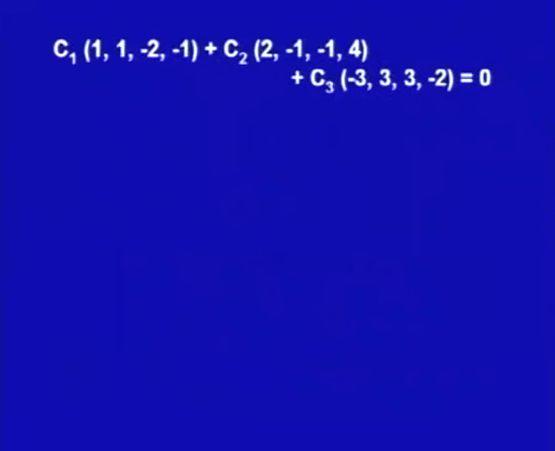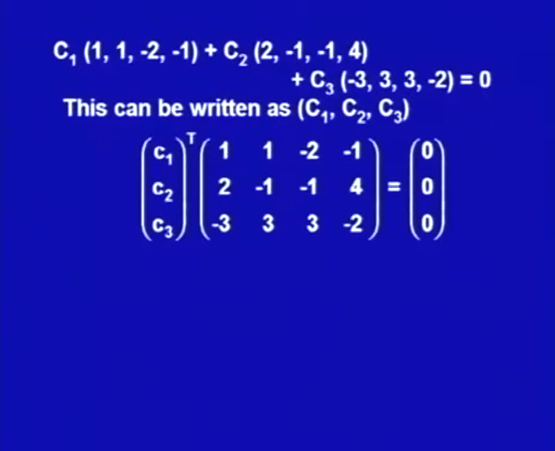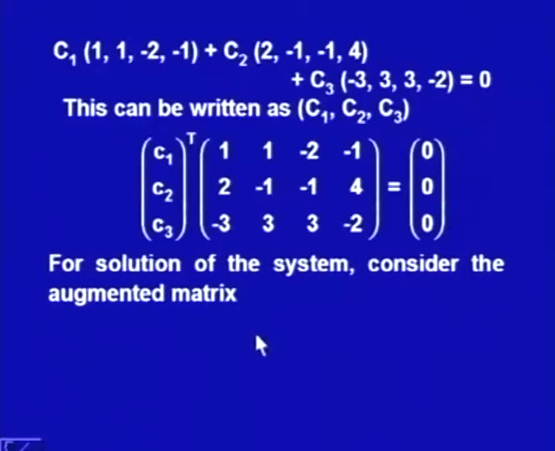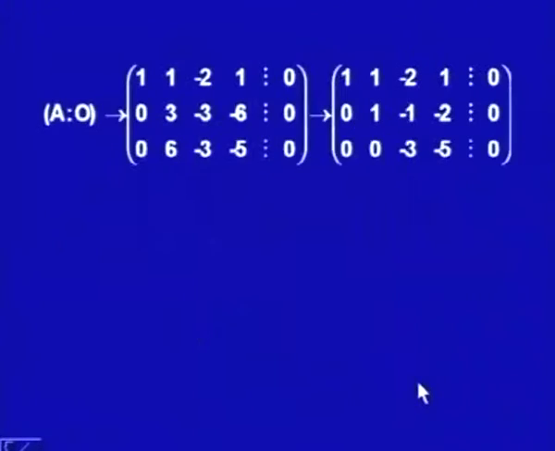Consider the linear combination C1 times the first vector plus C2 times the second vector plus C3 times the third vector equal to 0. Now, this system can be written in matrix form, and from here we can obtain the augmented matrix. Now, we try to reduce this augmented matrix into row reduced echelon form.